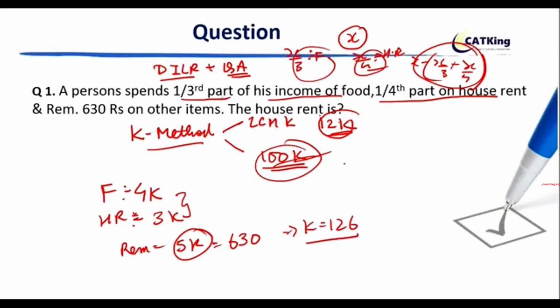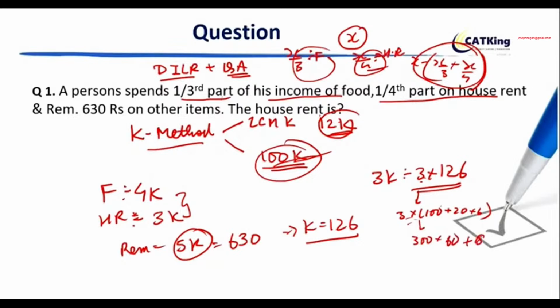I have been asked house rent. House rent is nothing but 3K, that is 3 into 126. Again, to make this calculation easy, you can break 126 as 100 plus 20 plus 6, correct? So 100 into 3 is 300, 20 into 3 is 60, 6 into 3 is 18.